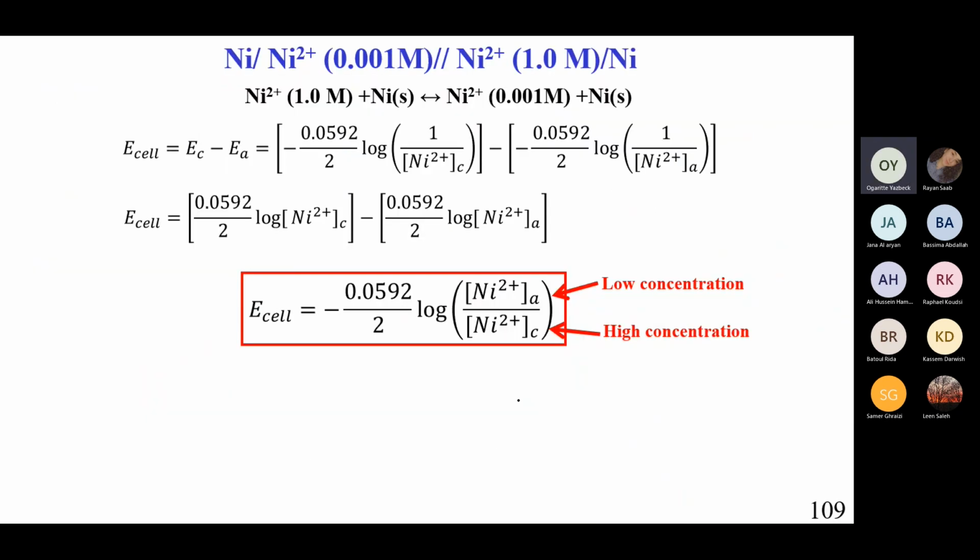Okay, let's now do it another way. E cell equals E cathode minus E anode, and substitute only in terms of the equation and not in terms of numbers. Minus 0.0592 divided by 2 log 1 over nickel cathode, minus 0.0592 log 1 over nickel of the anode.